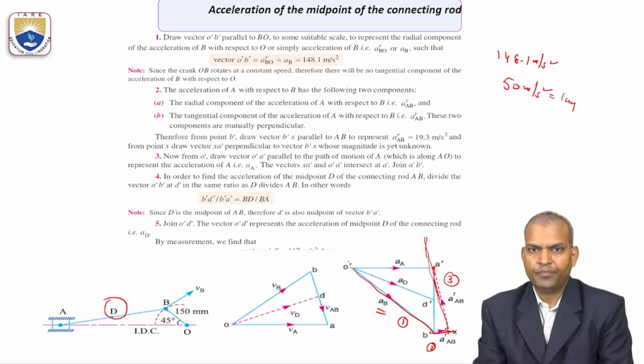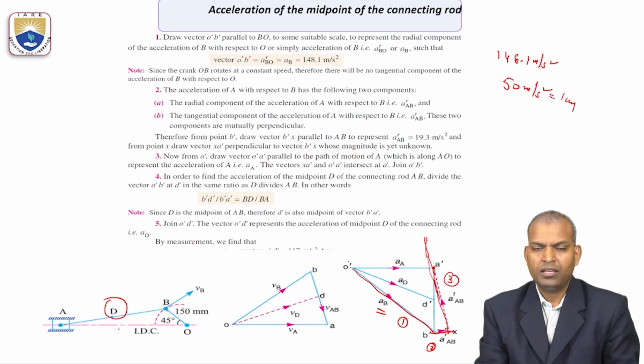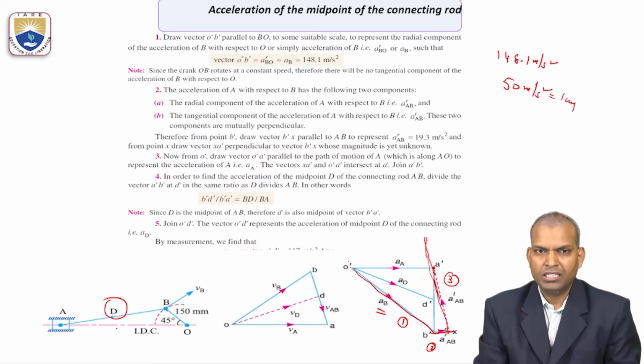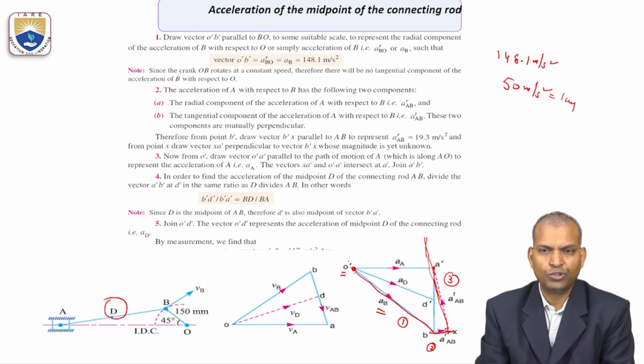What is the fourth step? Now, this slider A has a tangential component. We don't know the magnitude, but we know the direction. The slider A is moving with respect to the fixed link. What is the fixed link? Point O dash, that is the pole.